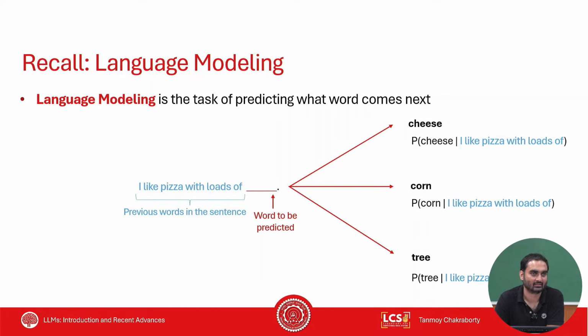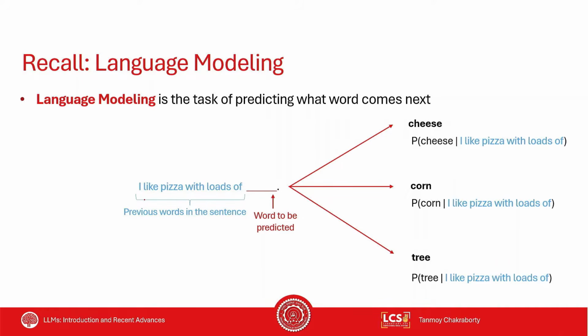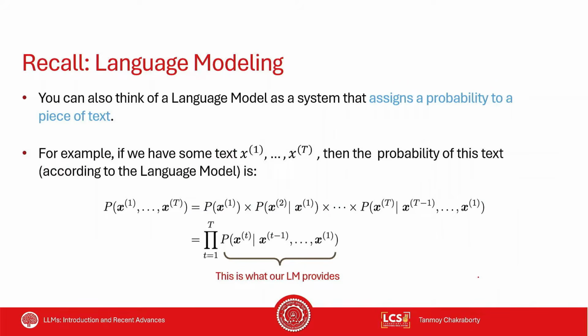We already discussed the statistical language model. If you remember, the task was to predict the next word. This was the example that was shown: I like pizza with lots of dash. The language model should be able to predict the appropriate word. How does it predict? It basically samples a word from a distribution. What is the distribution? It depends on the hypothesis.